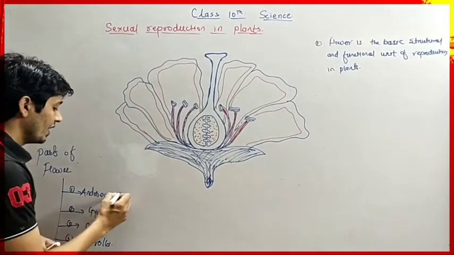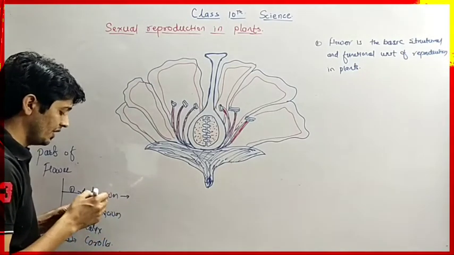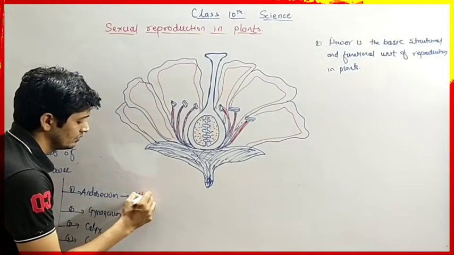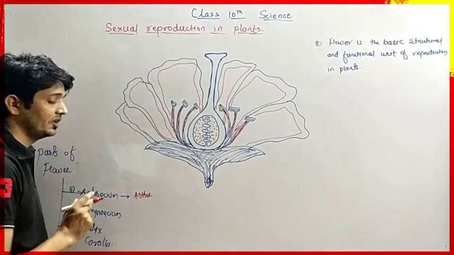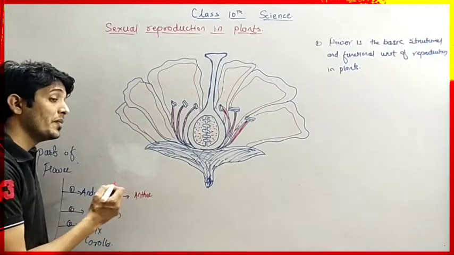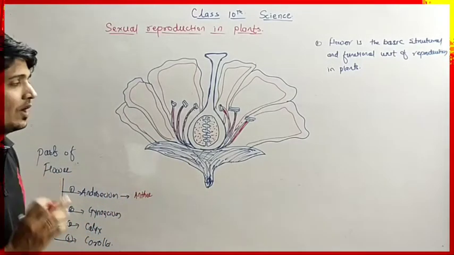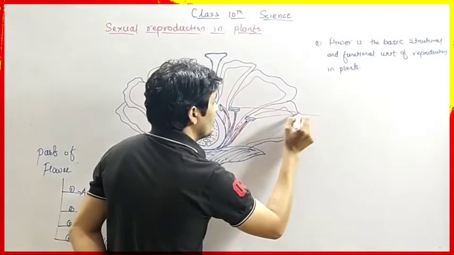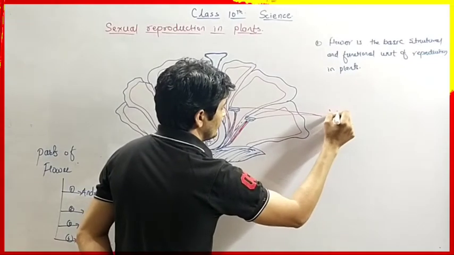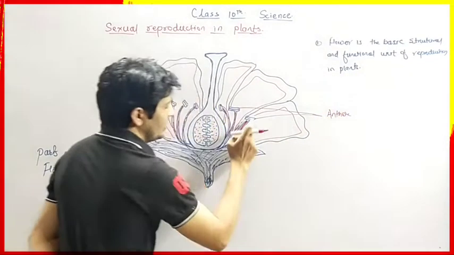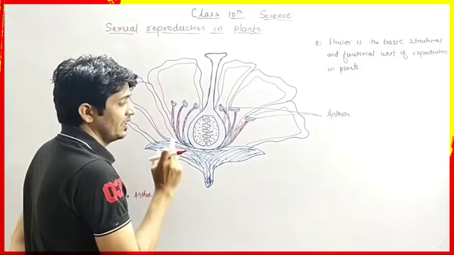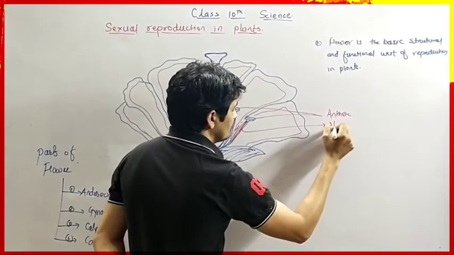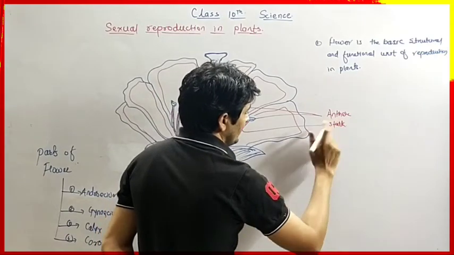Androecium is nothing but the anther, which is the male reproductive part of the flower. So here these are the anthers, these 1, 2, 3, 4, 5, as you can see, they are anthers, and this is the stalk of the anther.